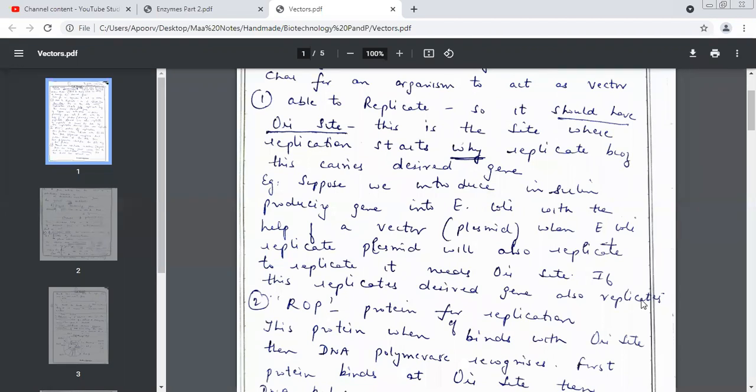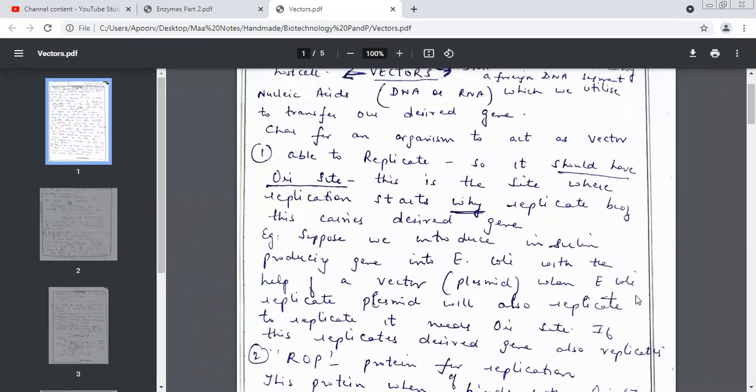That is why the first and the most important property of vectors is that it should have the capacity to replicate. Further in the chapter, I will tell you the process of replication. But just remember for now that replication starts at a specific site only. What is that site called? ORI site.